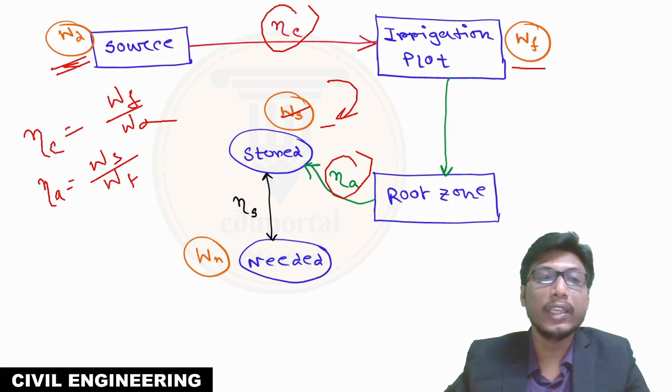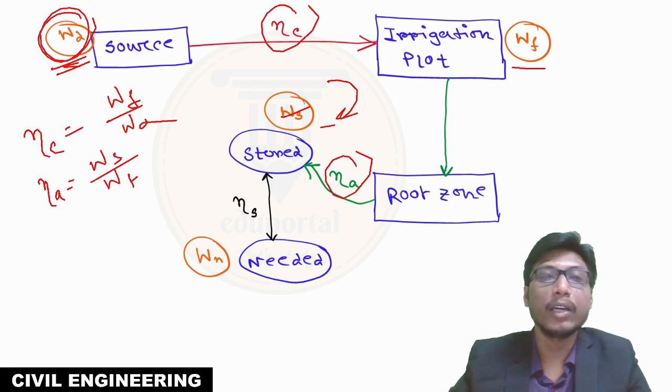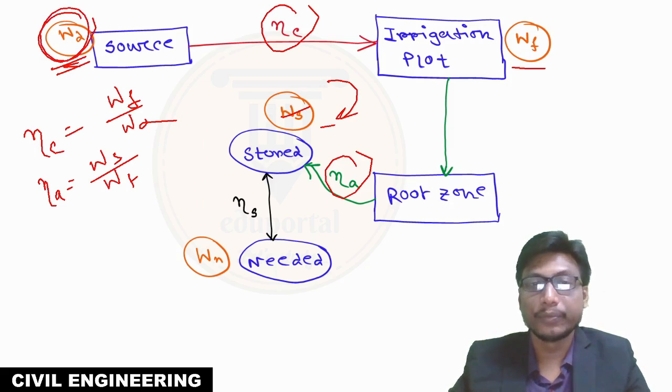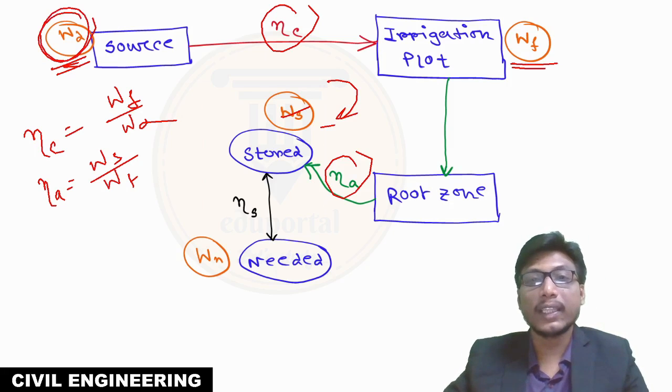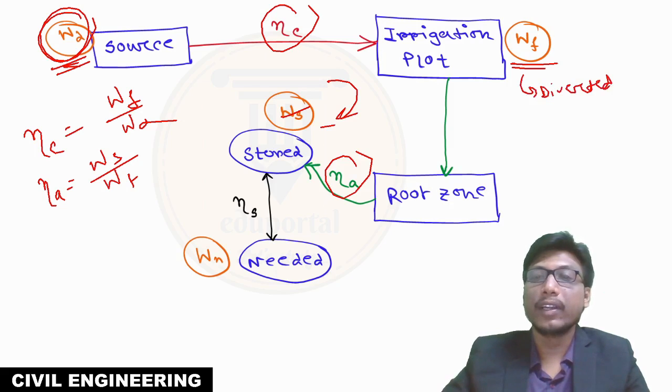Now what are these? WD is the water delivered from the source to the field. WF is the quantity of water that is diverted into the field.